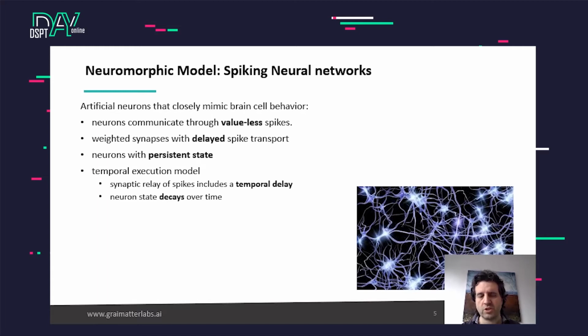Here, no, we are actually transporting valueless spikes. It's just a signal that says I'm here, I'm not here. That's why it's normally referred to as a spiking network. They are fully event-based in the execution, meaning that you don't execute them layer by layer. It's just that every neuron has a state, and when that state goes above a certain threshold level, it will decide that it's time to spike.